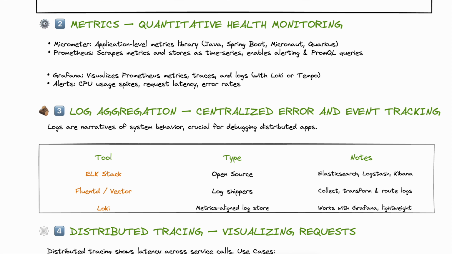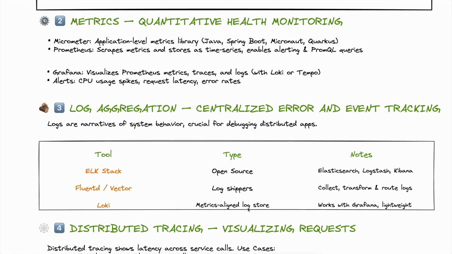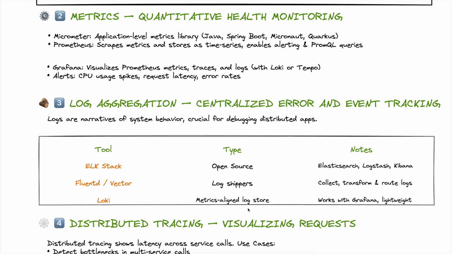For the metrics, what are metrics? If we put that into one sentence again, it's quantitative health monitoring. Let's take an example of how, in a usual application, we would collect the metrics. We would probably use Micrometer, if it's a Java application.